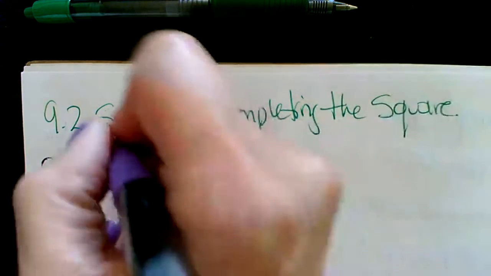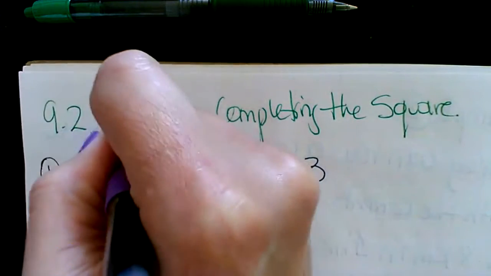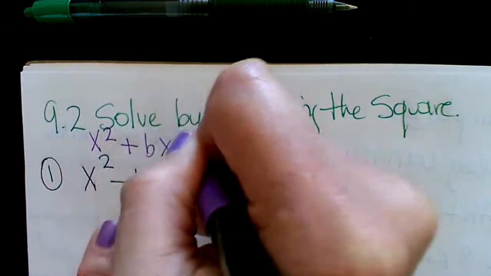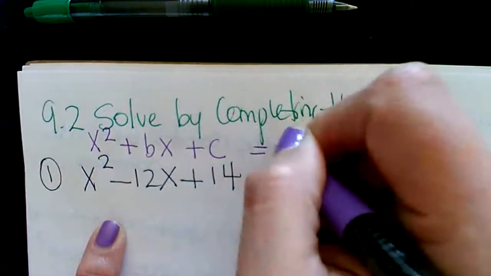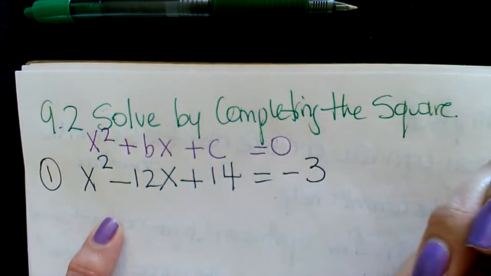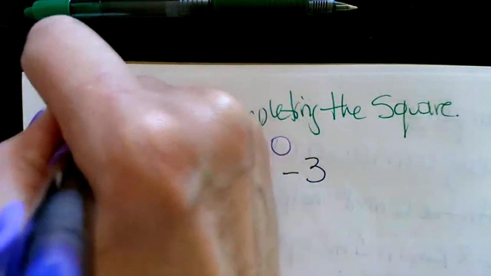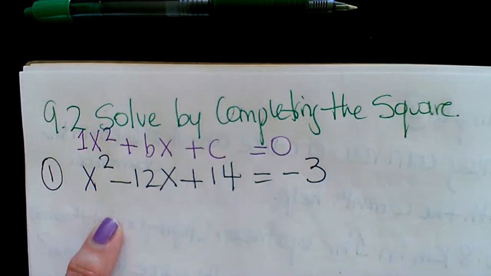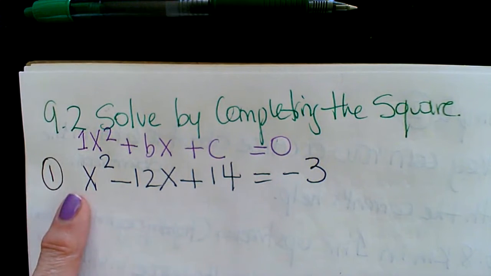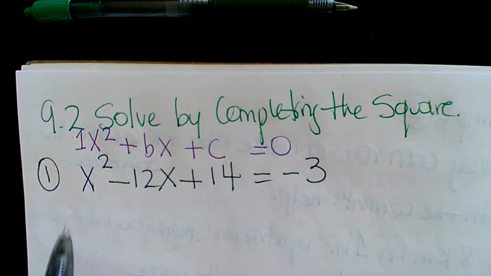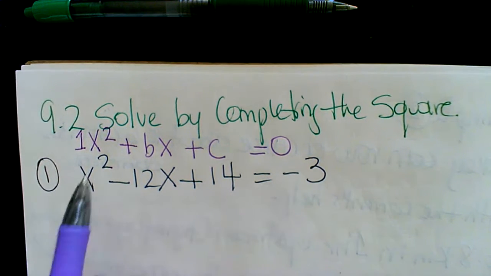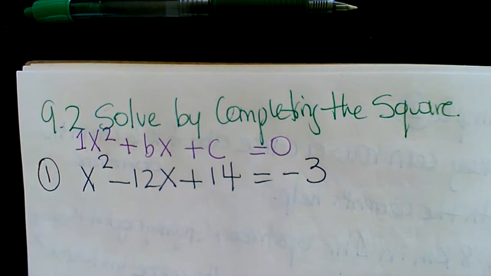It needs to be x squared plus bx plus c equal to 0. And the leading coefficient needs to be 1. If it's not 1, we need to divide through the entire equation by the leading coefficient. And we're going to do exercises when we have to do that.